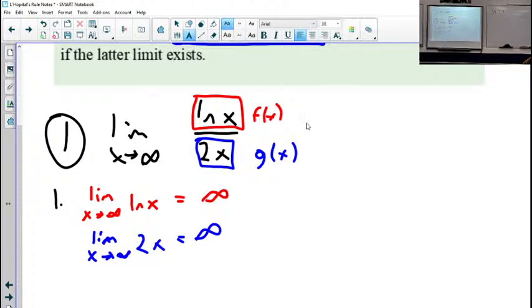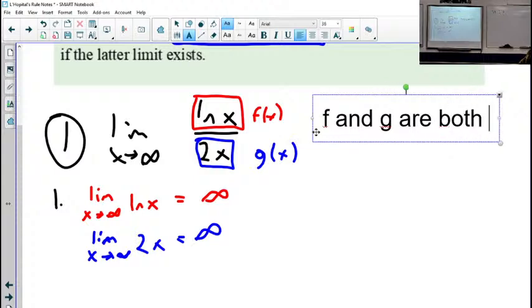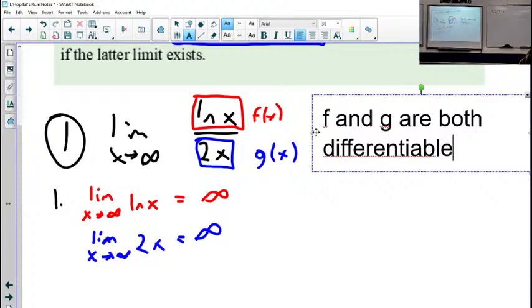So our indeterminate form is infinity over infinity. f and g are both differentiable. Natural log of x, we can take the derivative. For large values close to infinity, we sure can. Not for negative values, but we're interested in the limit as we approach infinity.